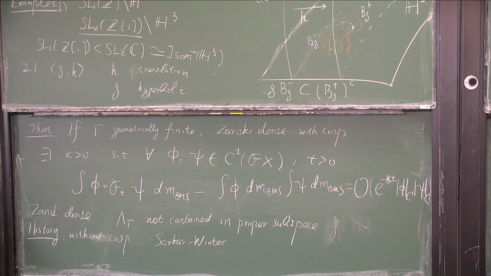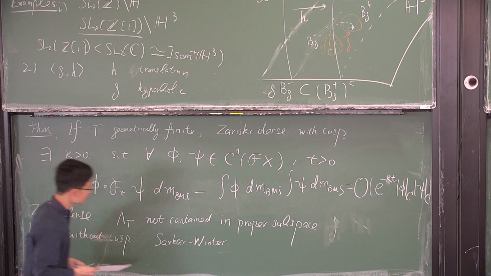If you don't have cusp, you are convex co-compact, and then you have a finite Markov partition, finite coding, and things are somehow simpler. The main difficulty is that the cusp makes the non-wandering set non-compact, but we also use this cusp to simplify the coding.